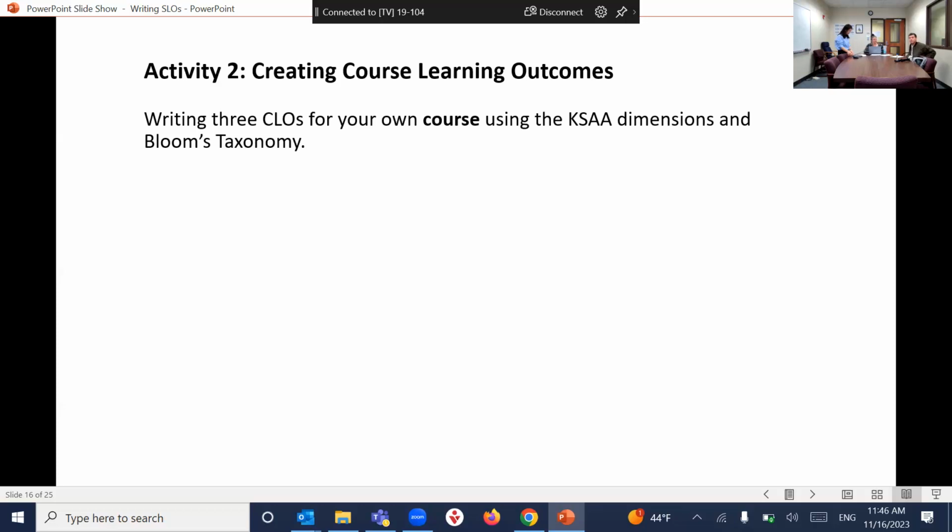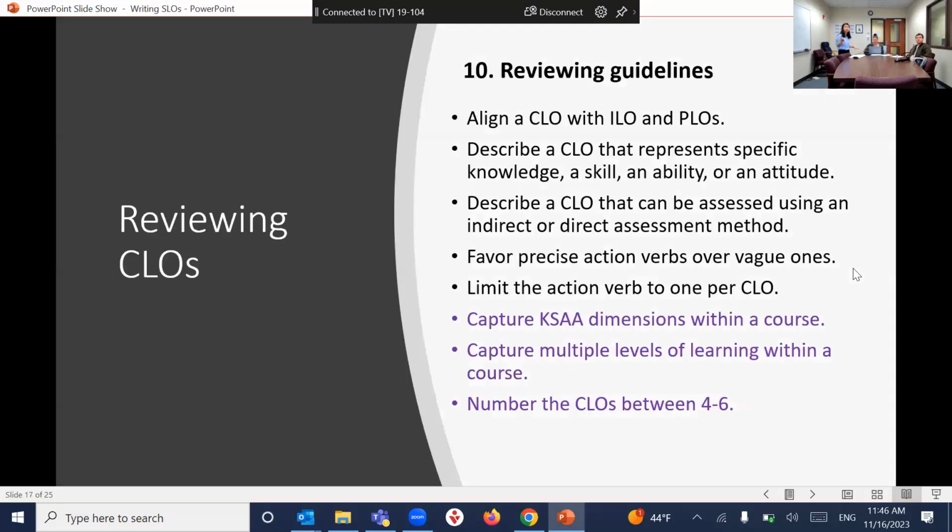Let's keep it moving. Sorry. Could you just move on? So keep that course learning outcome that you have, Earl and Alvin, and let's look at these reviewing standards or guidelines. I'll explain one after another. For the first one, align a CLO with the institutional level learning outcome and the program learning outcome, which is clear, right?